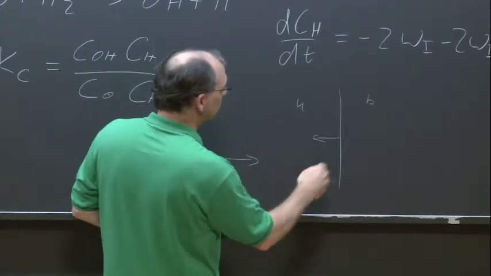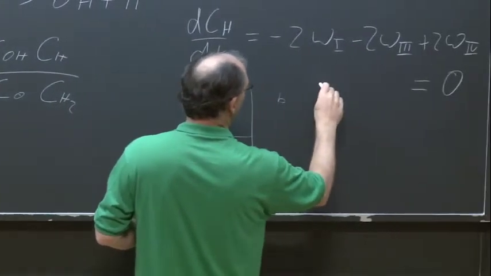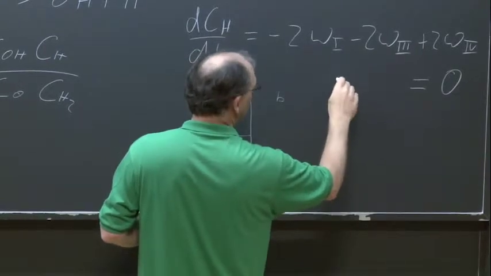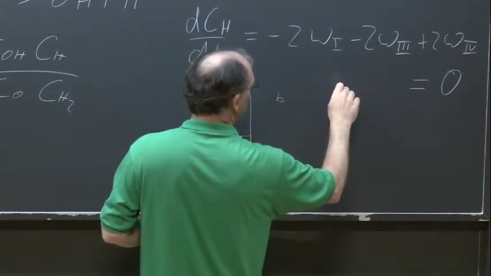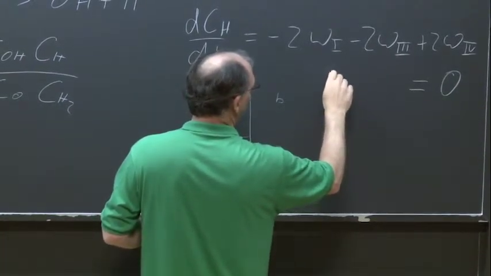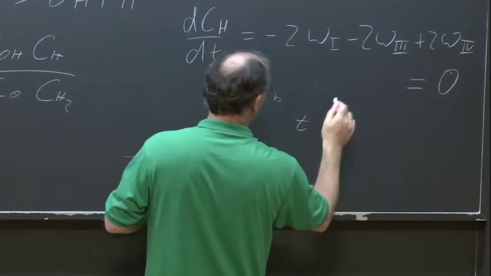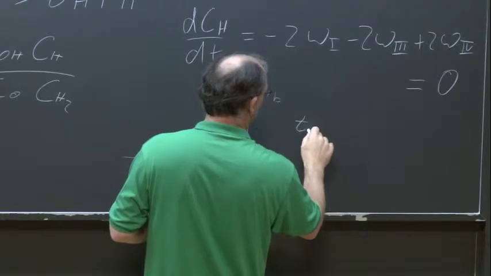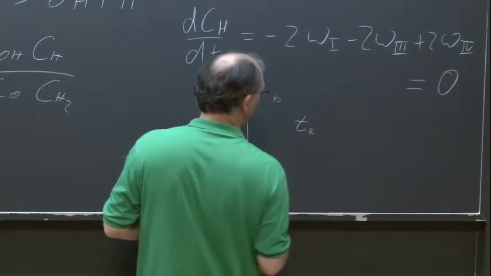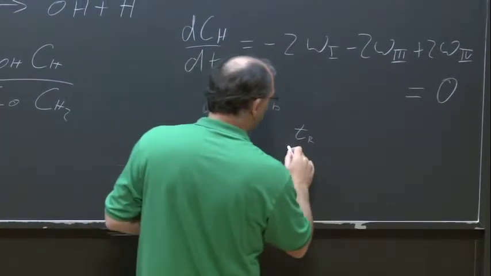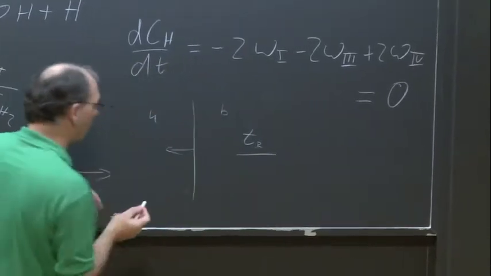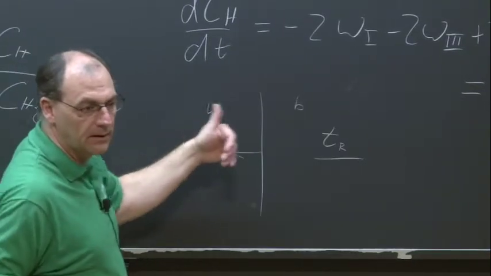If I take this time scale, this would be T, reaction, any one of these reactions, and divide it by the velocity, that gives me a length, right?